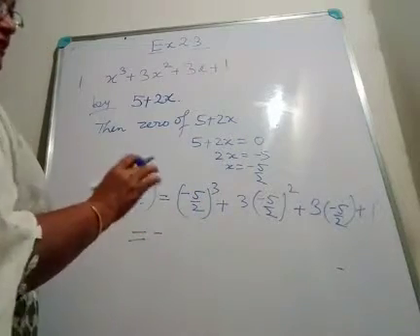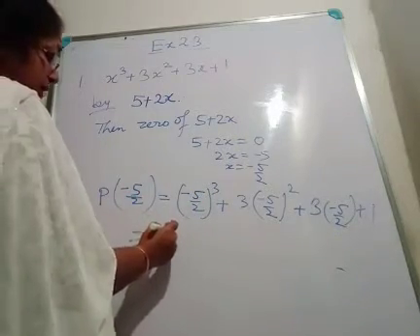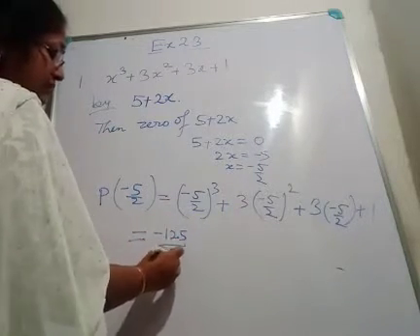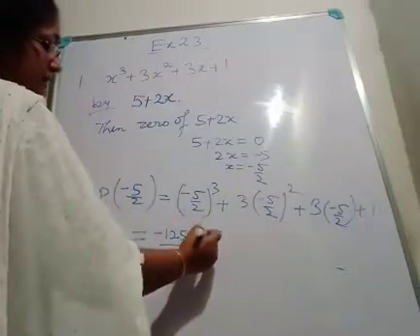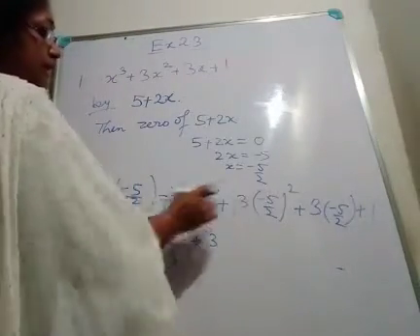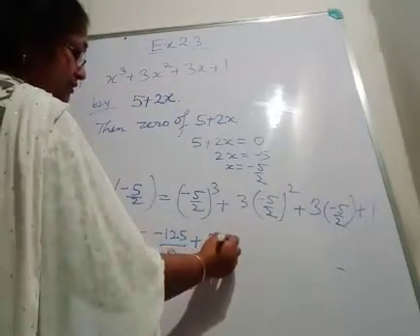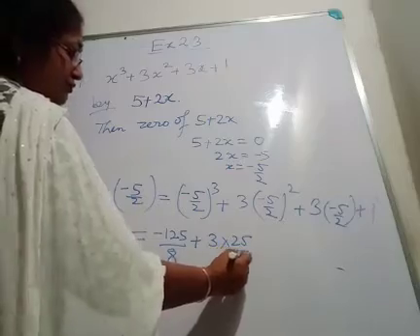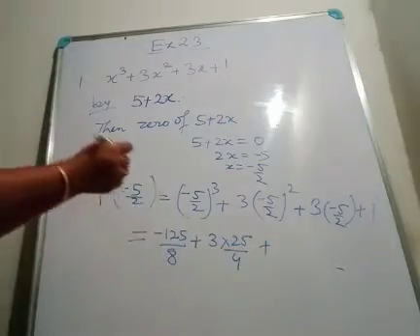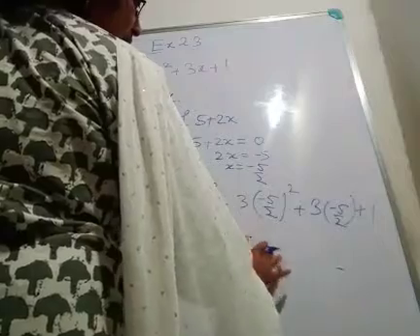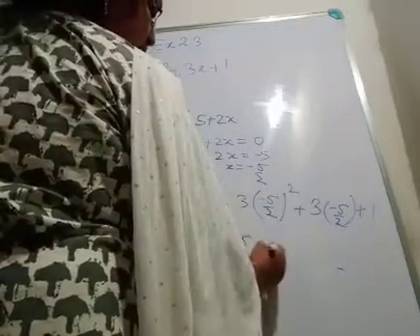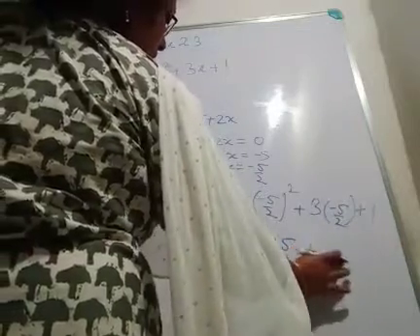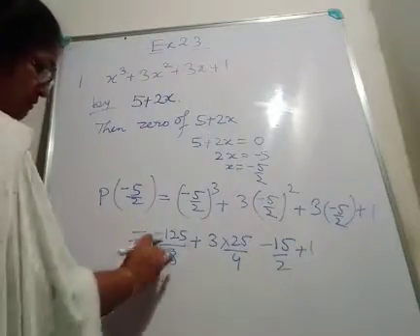If I multiply minus 5 three times, it will become minus 125, and multiply 2 three times, we will get 8. Now again multiply minus 5 two times, we will get 25, and multiply 2 two times, we will get 4. Then again if I multiply plus 3 with minus 5, it will become minus 15 by 2, and then write plus 1. Okay students, now simplify it.